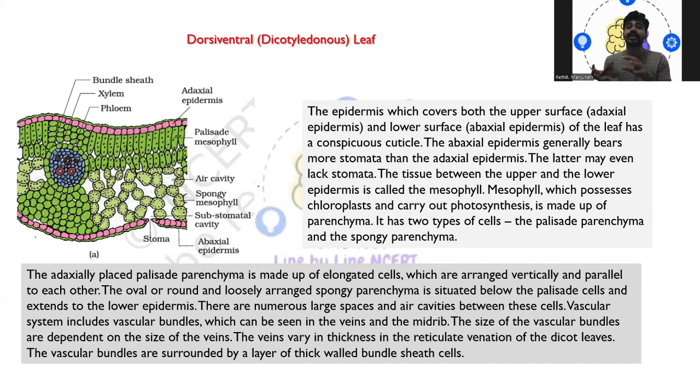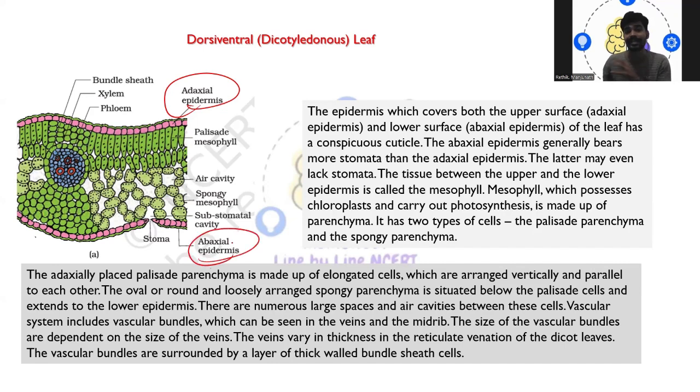Moving to the major topic, whenever we are discussing the transverse section of the leaf, one thing is that the leaf is covered by the epidermis, which covers both the upper surface and the lower surface of the leaf.